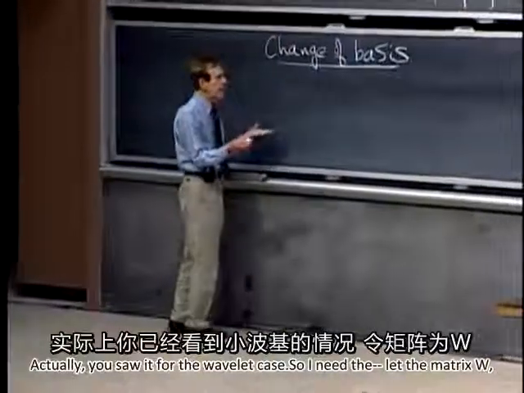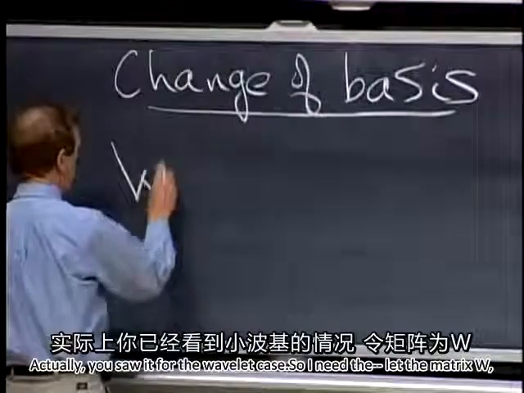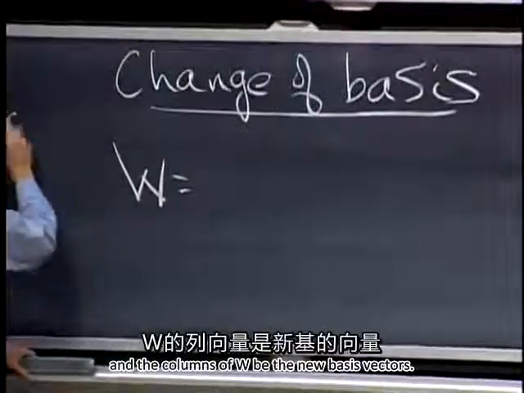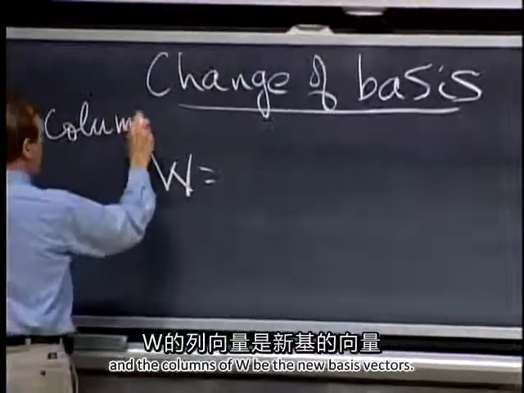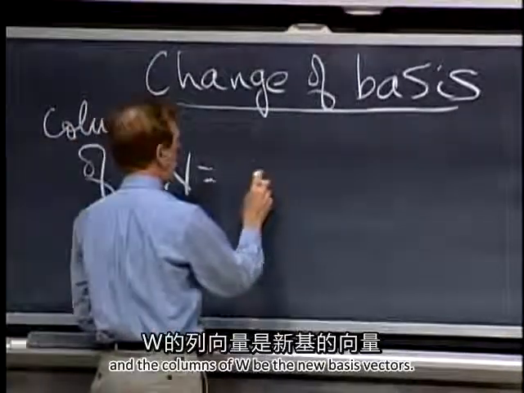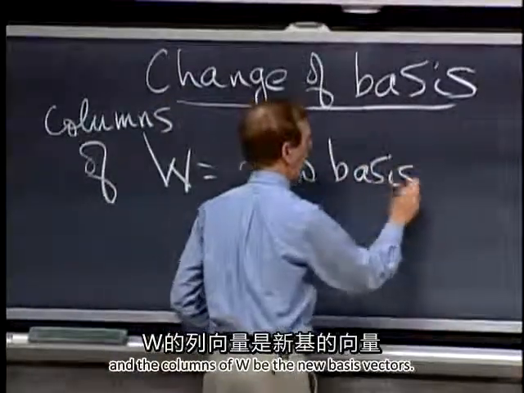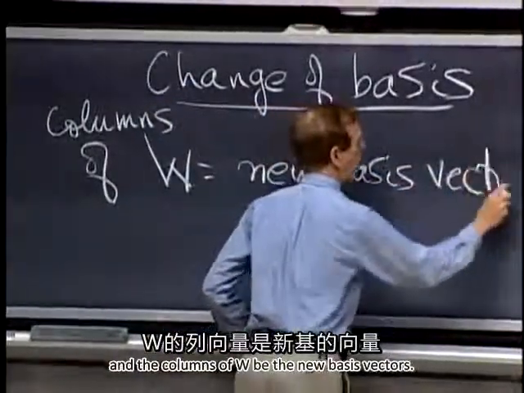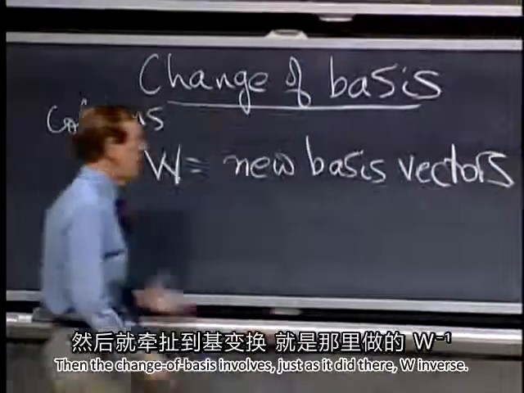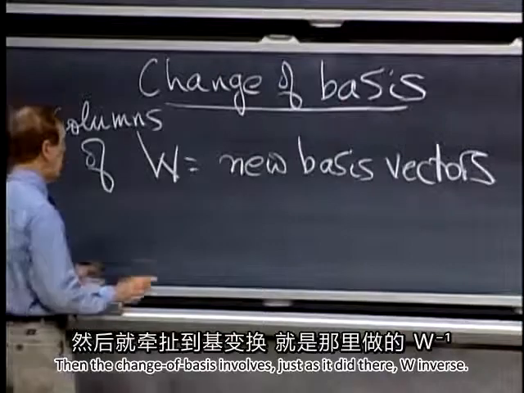So let the matrix W, the columns of W, be the new basis vectors. Then the change of basis involves, just as it did there, W inverse.